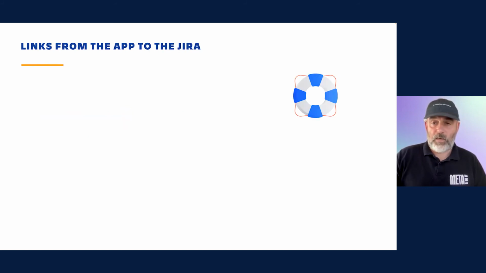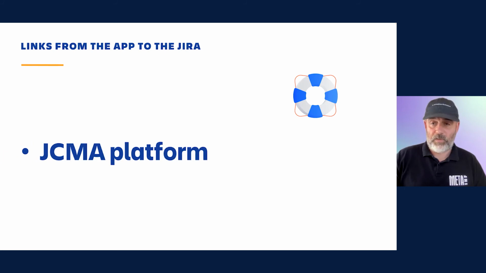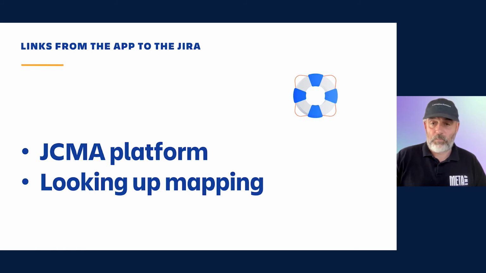Let's see the links coming from your app to Jira. This is the main area of the Jira Cloud Migration Assistant platform. You can look up the mapping and apply the new link coordinates in your app. An example is when your app has some data associated with an issue, project, or custom field.